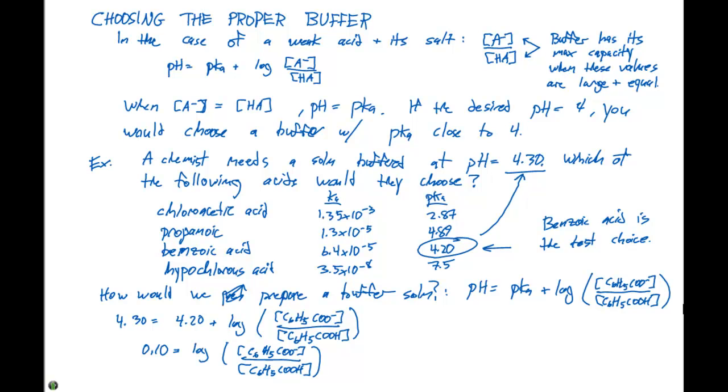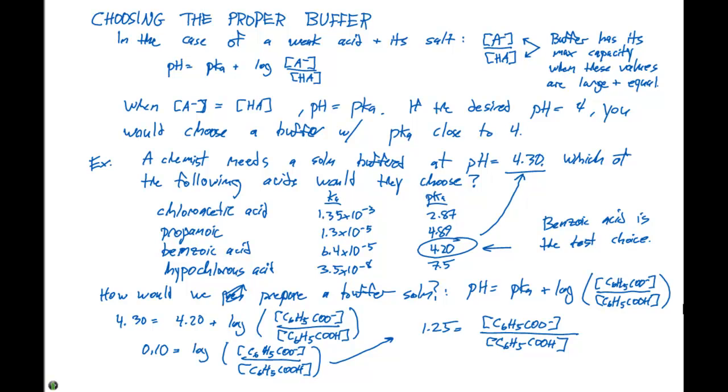If we do the algebra here, this is going to give us 1.25 is going to be equal to the concentration of C6H5COO- divided by the concentration of C6H5COOH. So in this case, the ratio of C6H5COO- to C6H5COOH must be greater than 1.25.